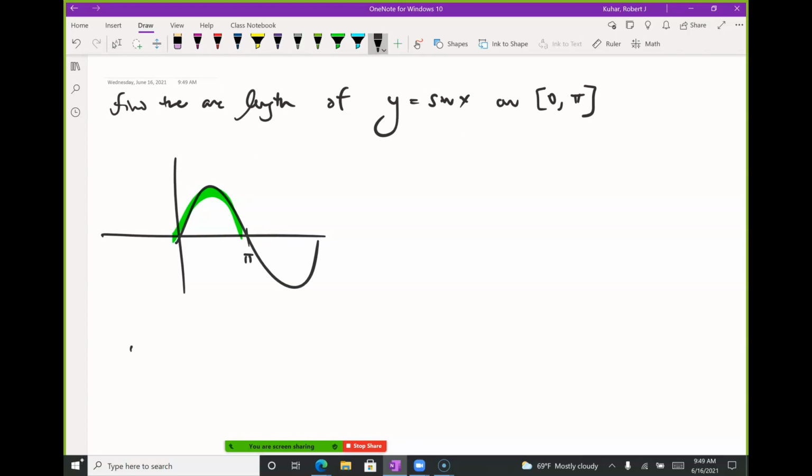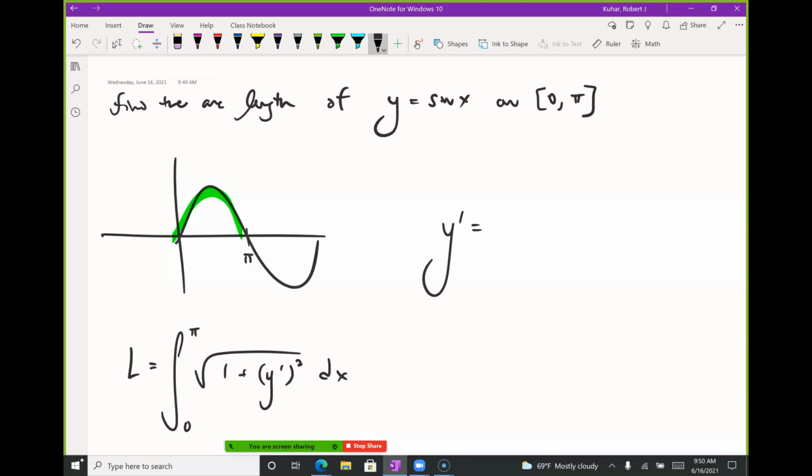So we already know we're going to be using the equation in terms of dx, right? So it's the integral of the square root of 1 plus y prime squared dx. We already know this formula. We know our bounds. We know y, so obviously y prime is what?